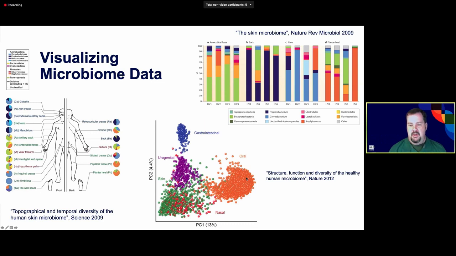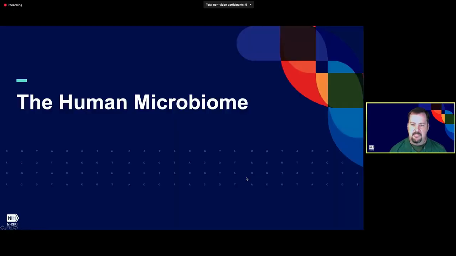But you can imagine in a more investigative sense, if you had samples from pre and post treatment with antibiotics, you could see if, after antibiotics, do the samples pre and post cluster together, or do they separate out? And if they separate out, that tells you about what sort of a perturbation you're applying to the system. So this is a summary of some of the different ways that we show microbiome data, and you'll see some more examples later on.